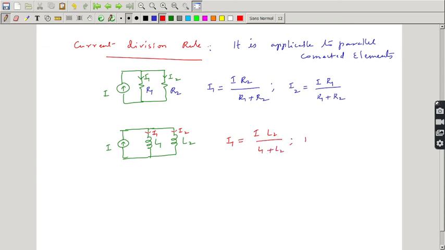Similarly, I2 equals I times L1 divided by the sum of the inductances L1 plus L2.